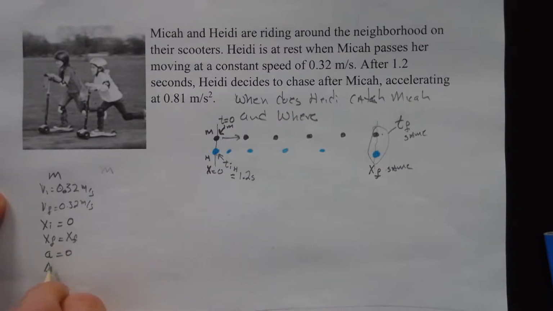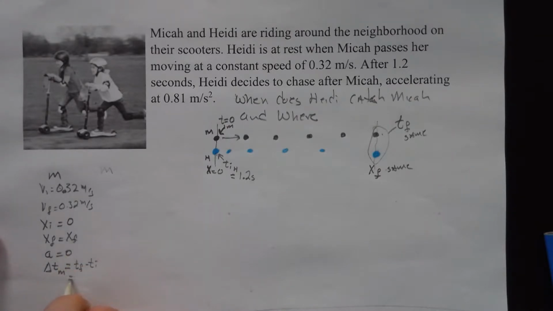Her change in time for Micah, and now this is where things are a little different than what I've done in the past. I've mentioned that the time interval, change in time, is time final minus time initial. So I have to write that out. This is time final for Micah minus time initial for Micah.